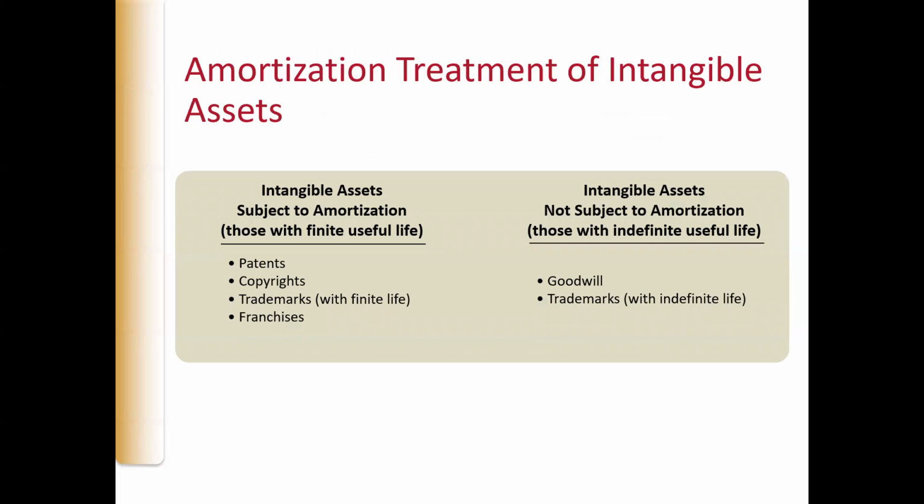So know that patents, copyrights, franchises, and trademarks with finite lives we amortize. We will never amortize goodwill, or trademarks with an indefinite life.